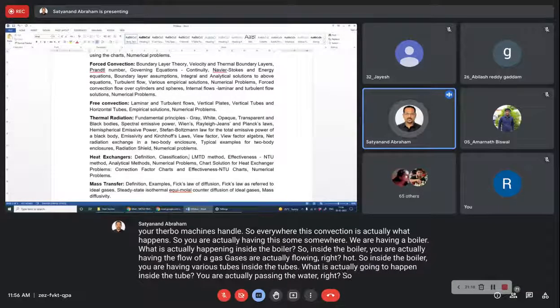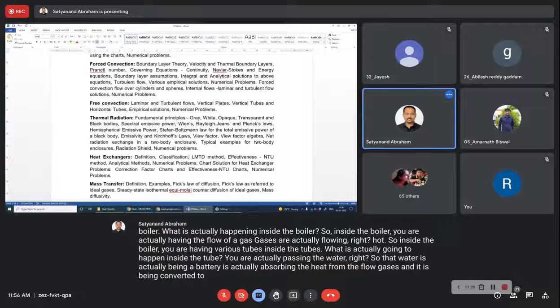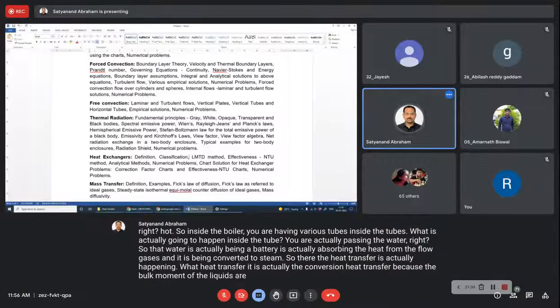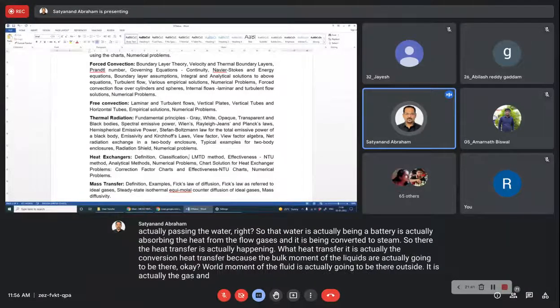That water absorbs the heat from the flue gases and is converted to steam. So the heat transfer happening there is convection heat transfer, because there is bulk movement of the fluid. Outside it is the gas, and inside it is the water.